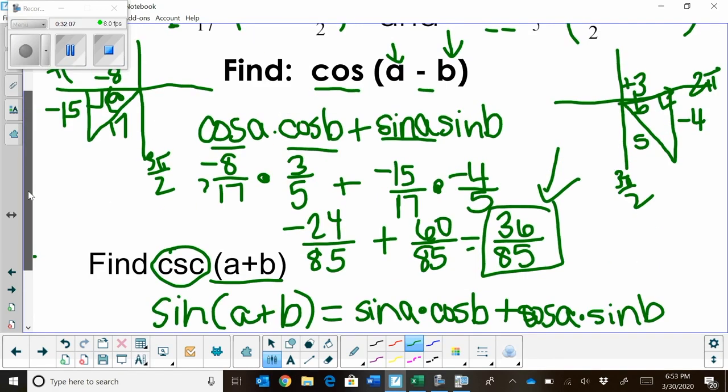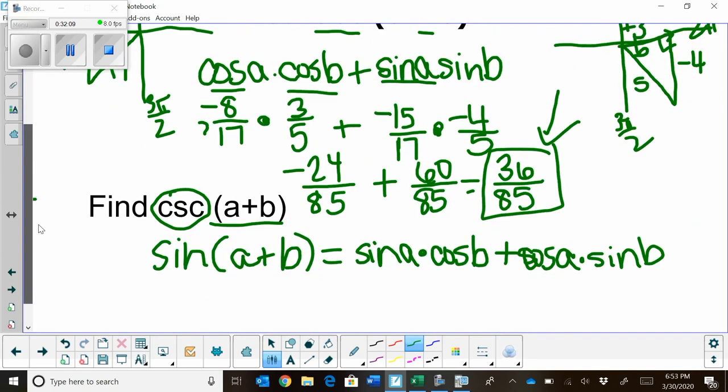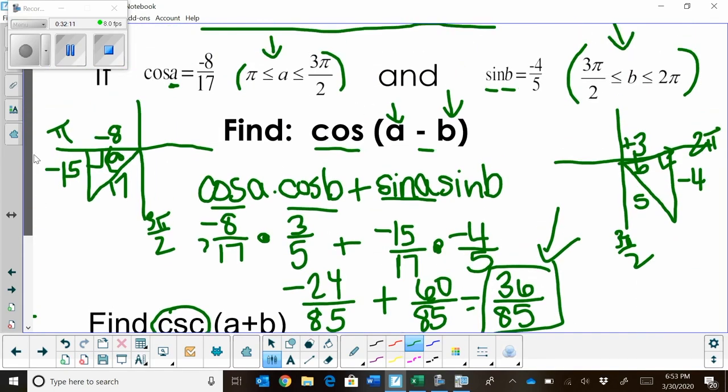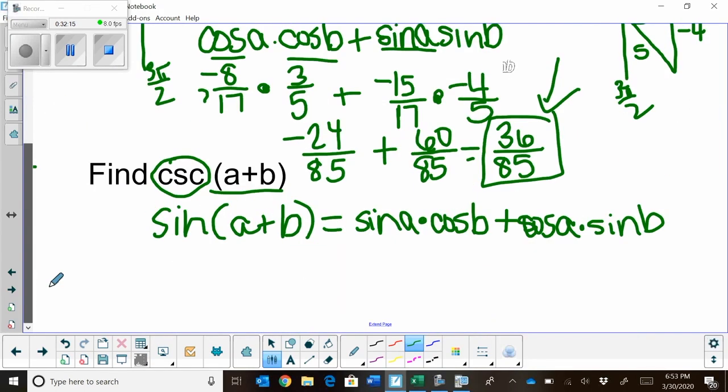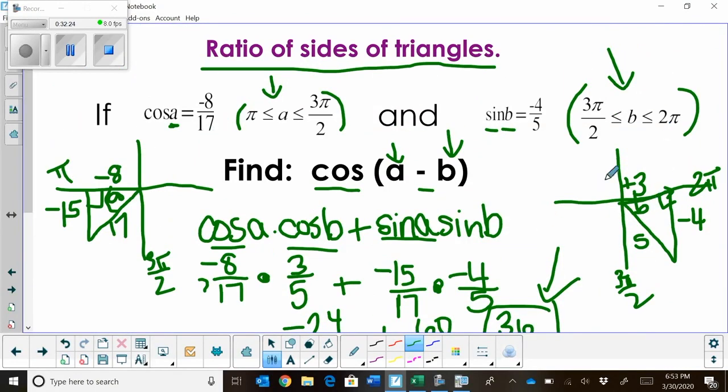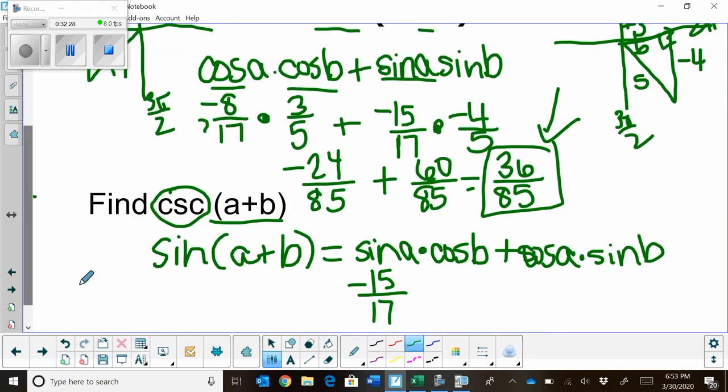Now, let's go back up and evaluate. The sine of A, here's the A triangle, and the sine is -15/17 times the cosine of B. Well, let's go to the B triangle. Mind the cosine. The cosine is 3/5.